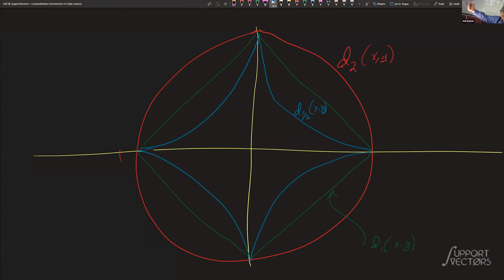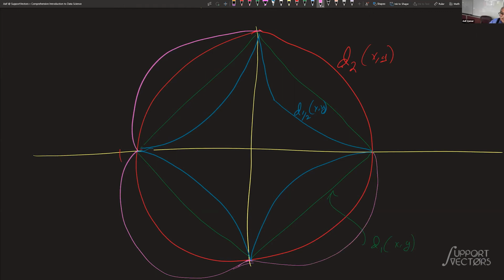And if you take a number bigger than 2, let's take, well, I need one more color. I'll try this. If you take a number bigger than 2, it will be like, well, forgive my terrible drawing. It just has more bulge, right? You have a question in your mind, Kyle. Yeah, so what happens is that the bigger the norm, the more it swells out, right?